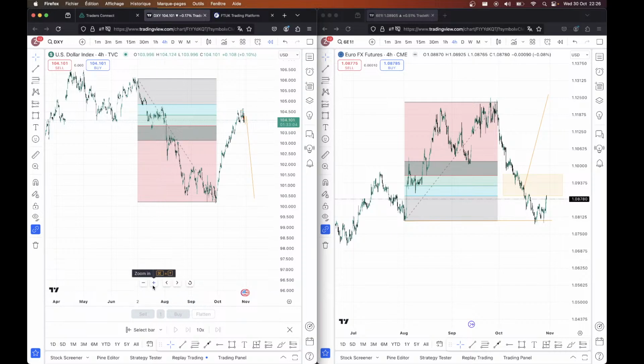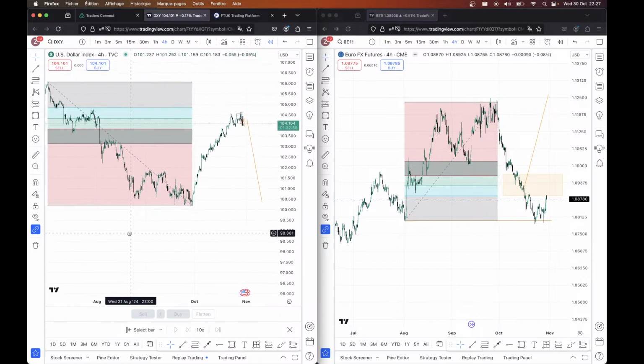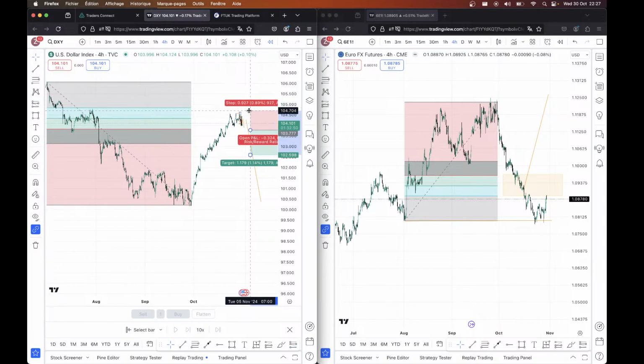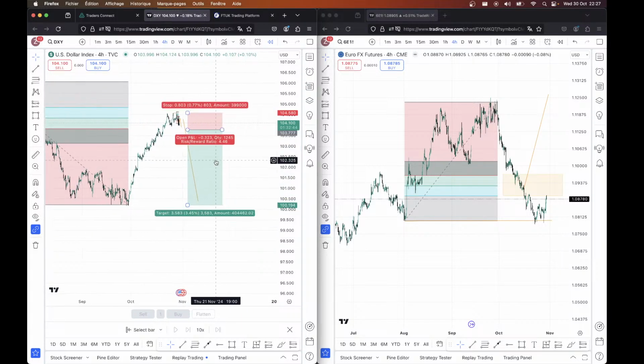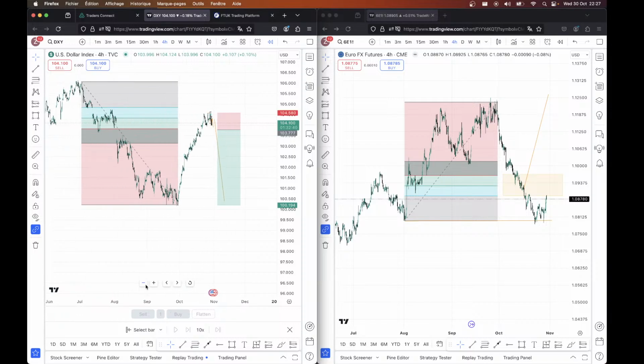If I want a perfect, low-risk entry, here is what I would do. I would wait for price to close below this 61% retracement, put the stop here, and target the new low. This is a 4-hour trade with a great possibility of getting a win.